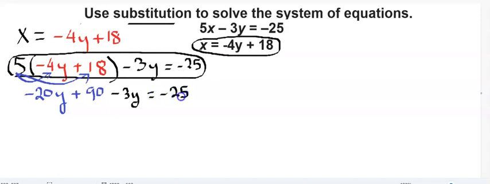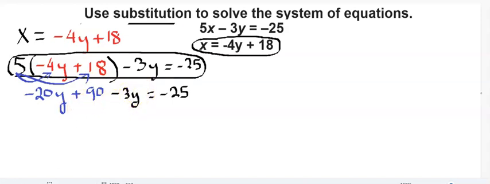The common mistake that I see a few of you guys did in period 1 class is using inverse operation to get rid of the negative 20y. So you add 20y to the negative 3y. Well, that is incorrect, because we only use inverse operation if we want to bring one variable to the other side of the equation.